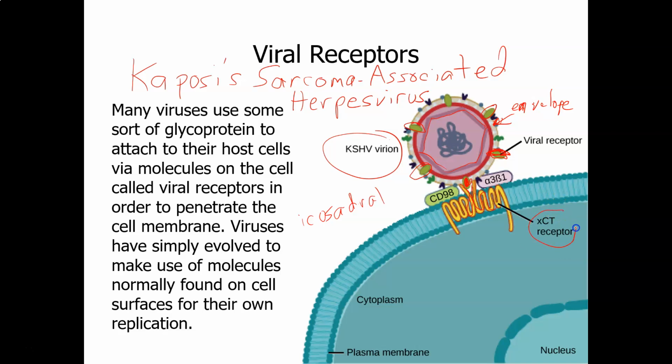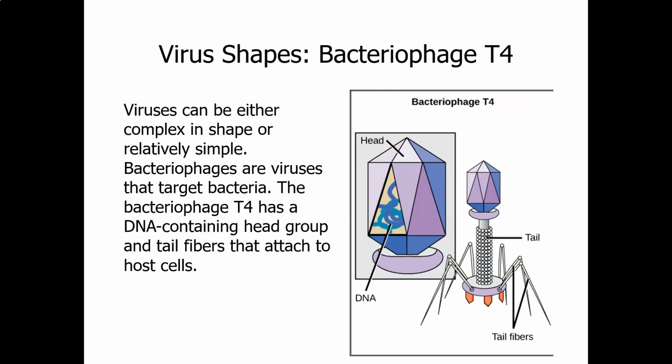And the viral receptor on the host cell is called the XCT receptor. And then there are two other molecules that come in and kind of assist with this attachment, and they are called CD98 and alpha-3 beta-1, and they just help, I guess, make the attachment stronger.